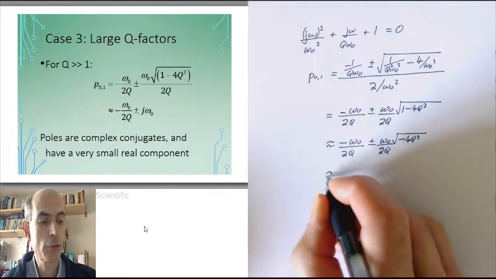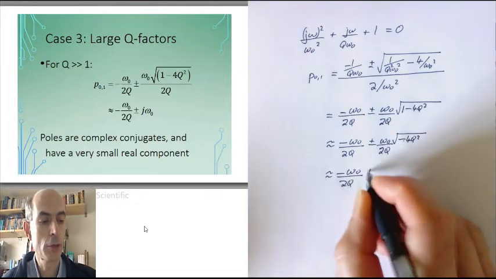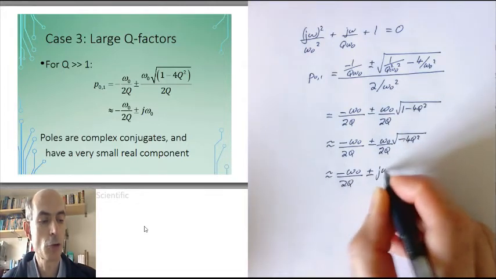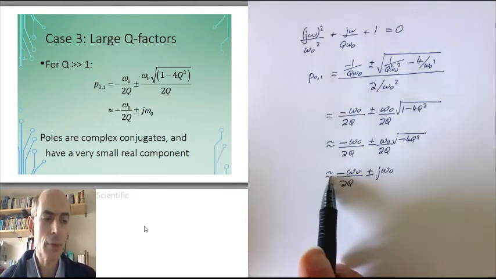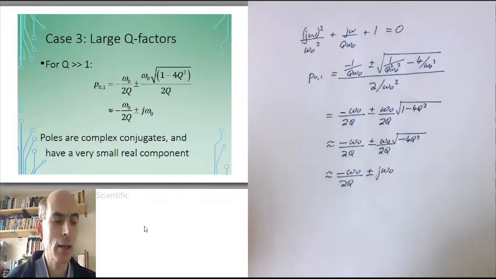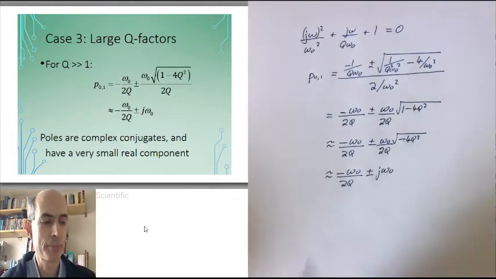So that would just give us minus omega naught over 2q plus or minus j times omega naught. But that's approximate. There is actually a rather neat and elegant way of writing the locations of the poles, which is exact. And you can derive that by thinking about where the poles are in terms of a polar representation.